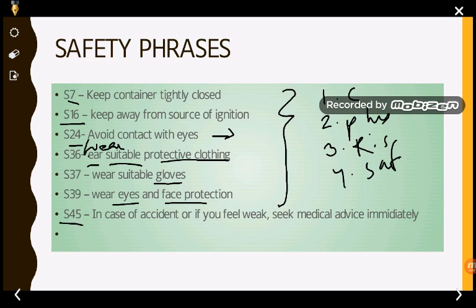Next, S45: in case of accident or if you feel unwell, seek medical advice immediately. So if you come in contact with ethyl alcohol and if you feel weak, then we have to go for medical advice. So that is S45.